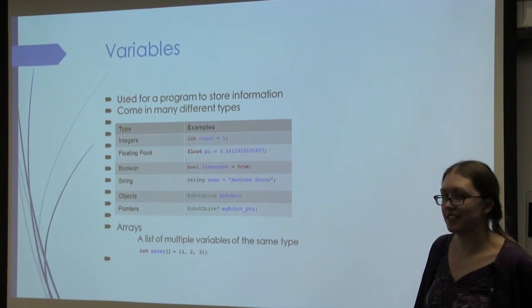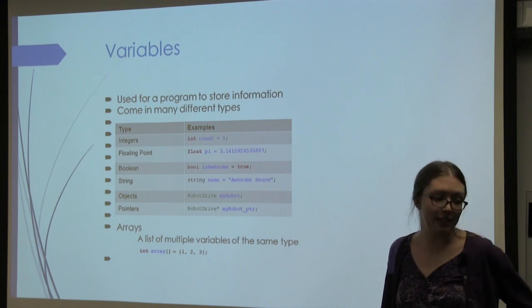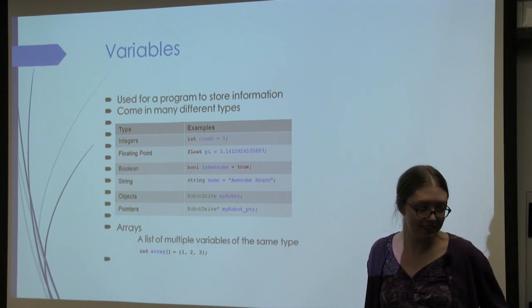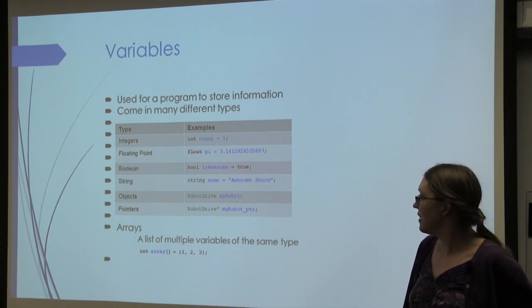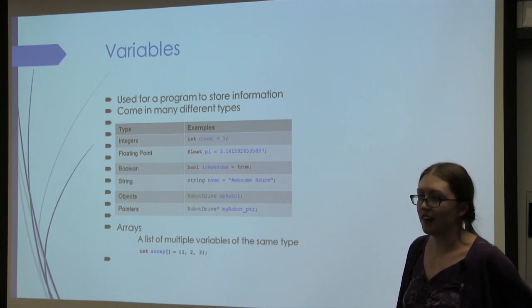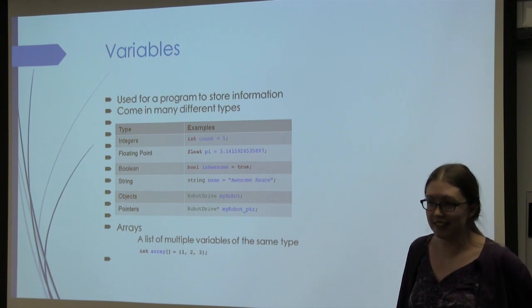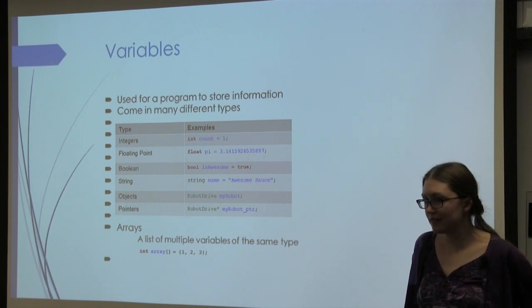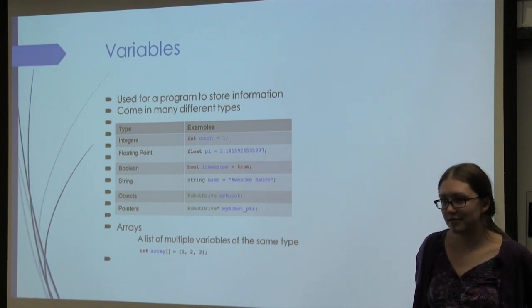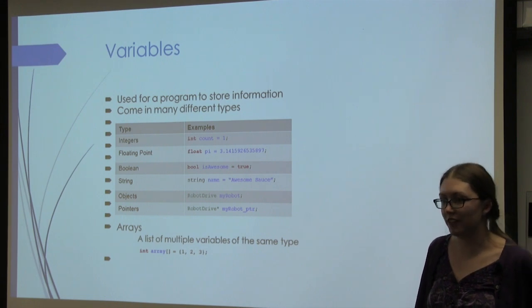And objects and pointers are a little bit more complicated, but we'll get into that later on in the presentation. It's a lot easier to show you an example of. And then arrays are really a list of values of the same type. So multiple integers in one array.